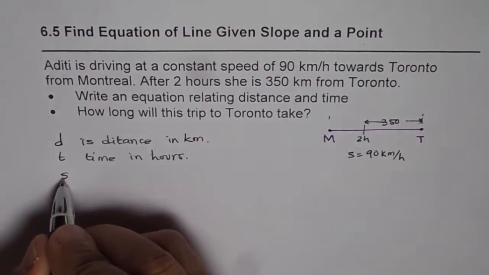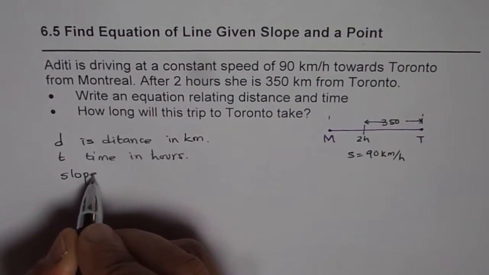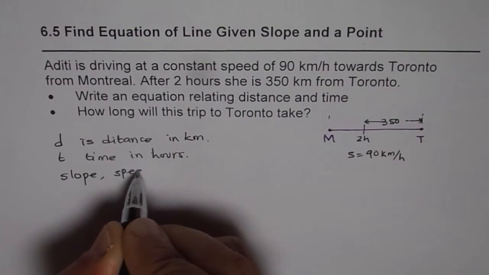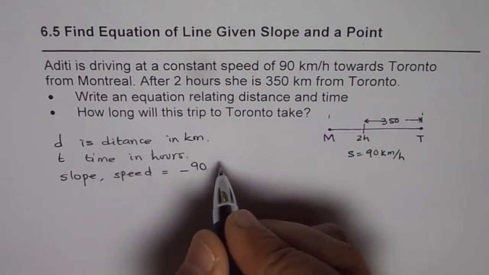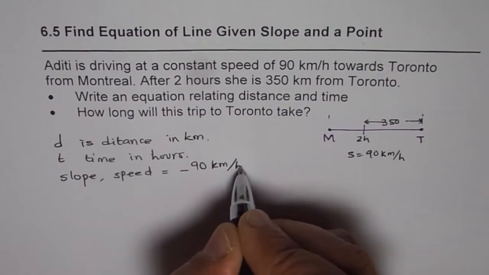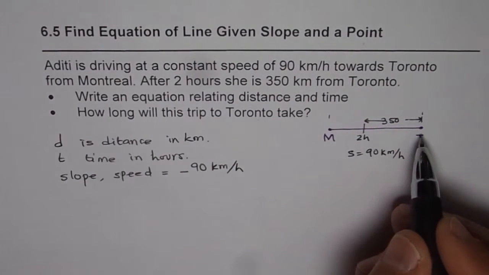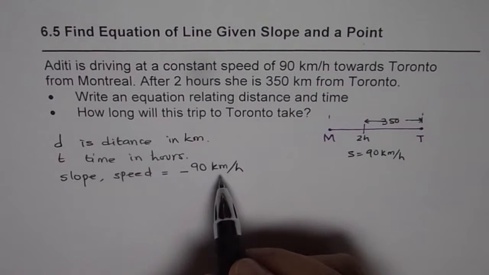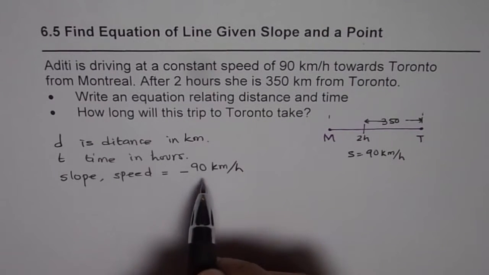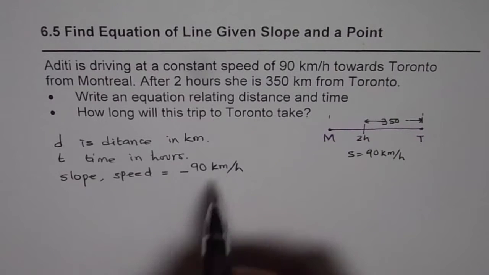The slope here is the speed, and that speed should be taken as negative, so it is negative 90 kilometers per hour, since we are approaching a point. With time, the distance is going to decrease. That is why it is negative.